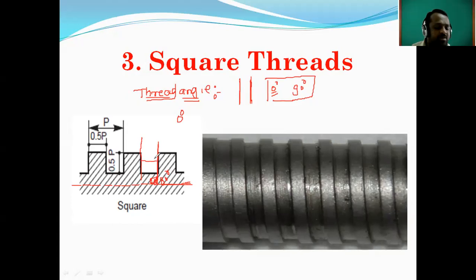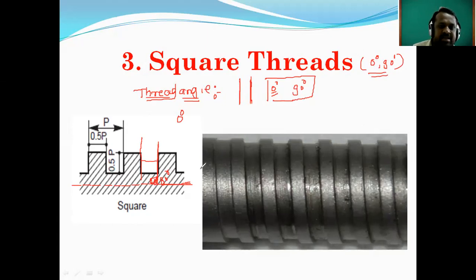So remember regarding the square thread, it will be 0 and 90 degree. The two angles are important because 0 degree means both the flanks are parallel, and 90 means the flank is perpendicular with this axis.